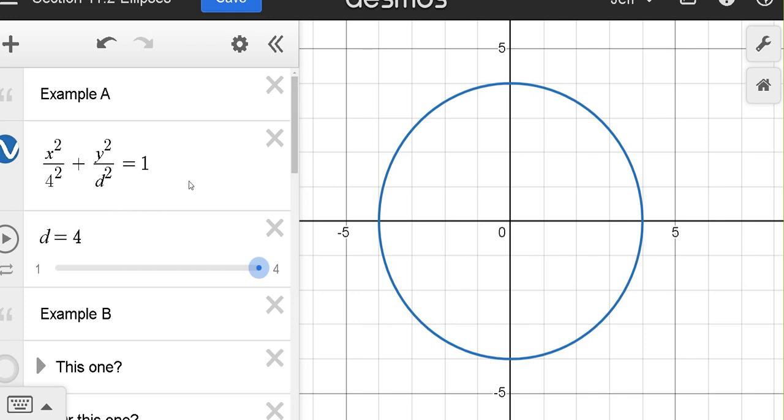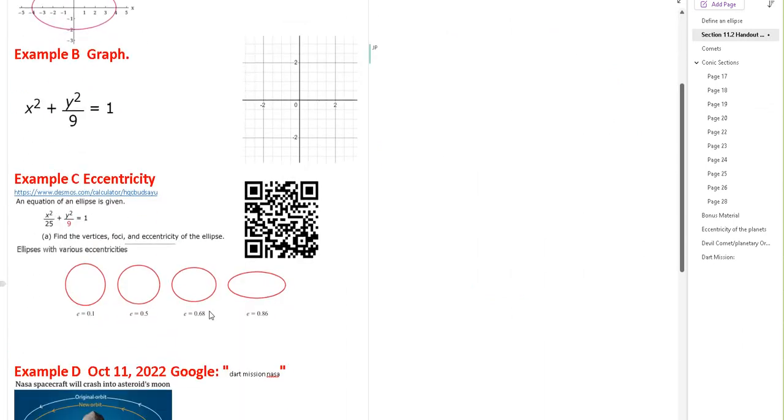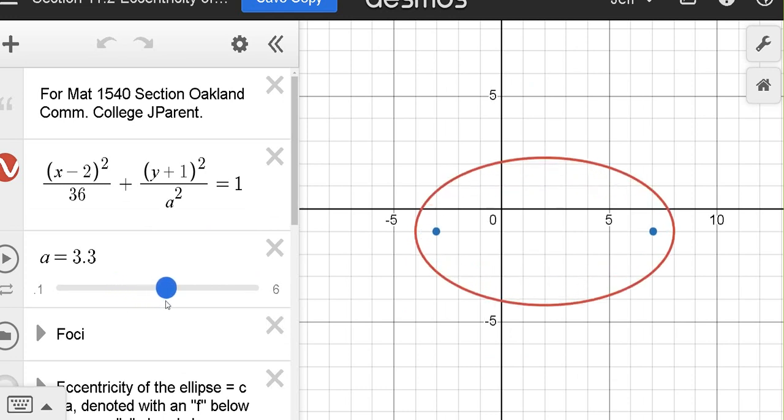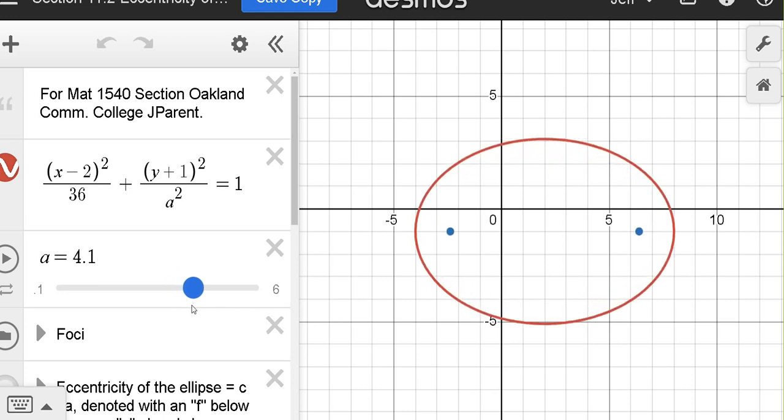In fact, maybe I can come up with a demonstration for you about that. Let's see, I don't know if I have one of those, my Desmos. Yeah, so what's going to happen is that you can deal with something called eccentricity. Here's your foci, and let me see what happens to those foci as I get this closer and closer to 6. So you're going to see something gets rounder and rounder as we do this.